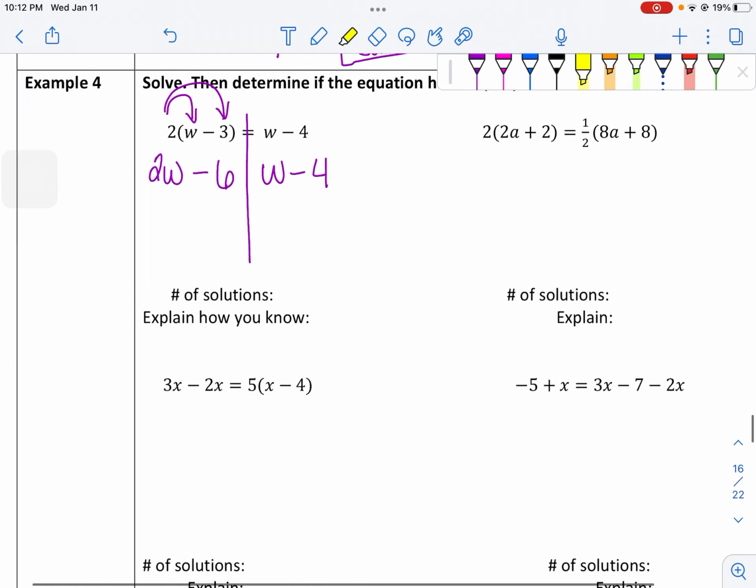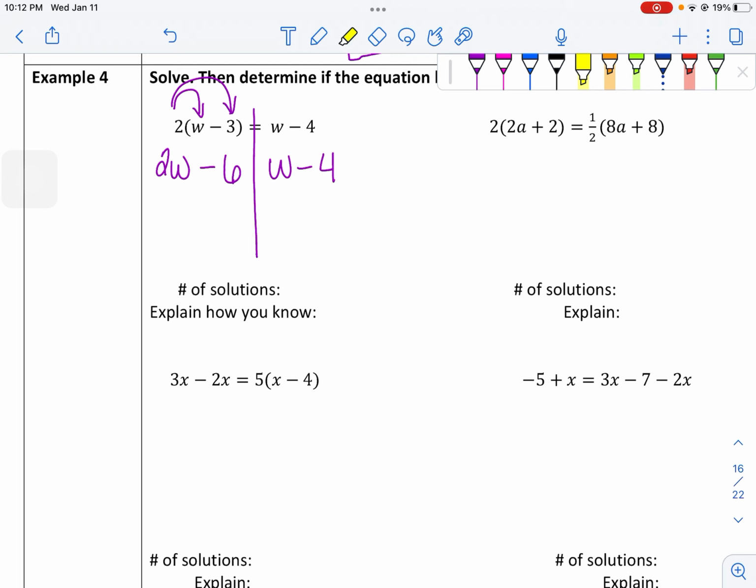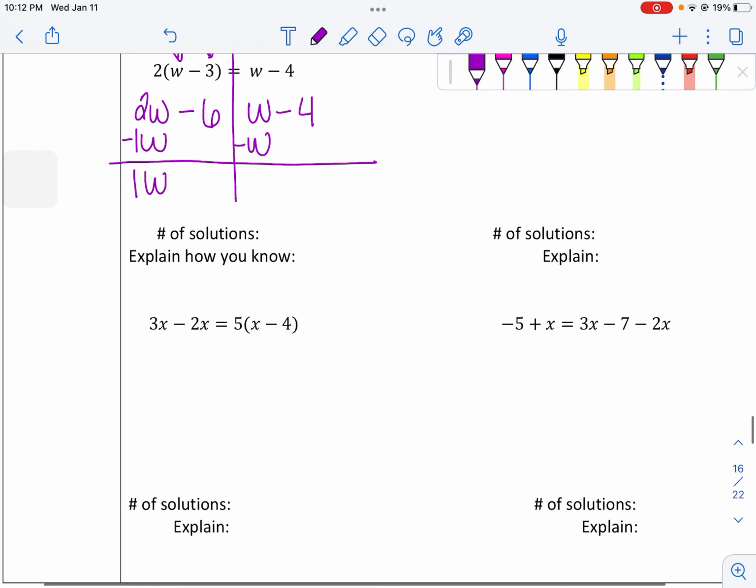So I can finish solving this by getting all my w's on one side. So I'm going to move it from the right to the left. I have a 1w, so I'm going to minus w. Line it up with the w term on the left, the 2w. Remember that that's a 1w, so 2w minus 1w is 1w, or just w. Minus 6 equals, over here you have -4 left.